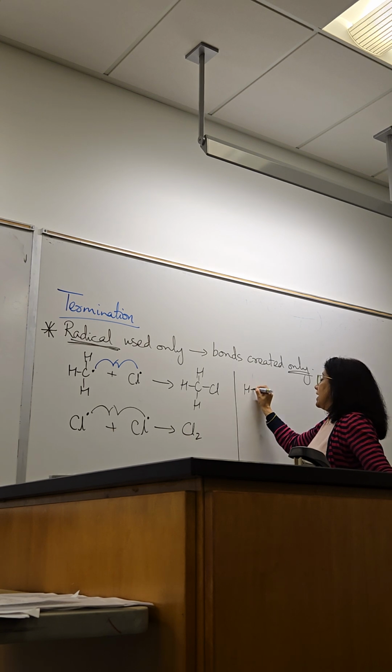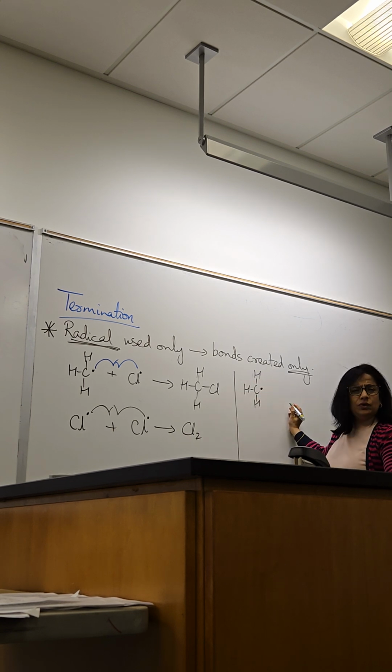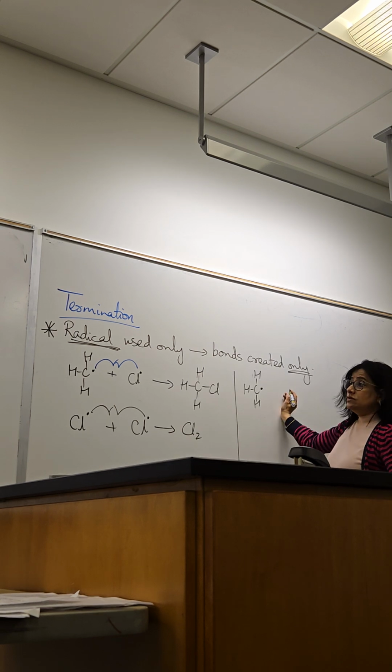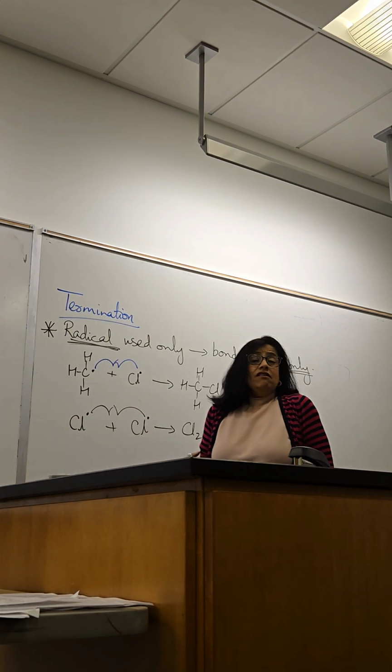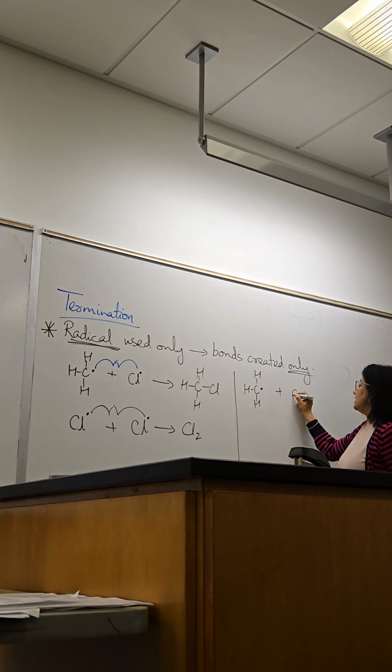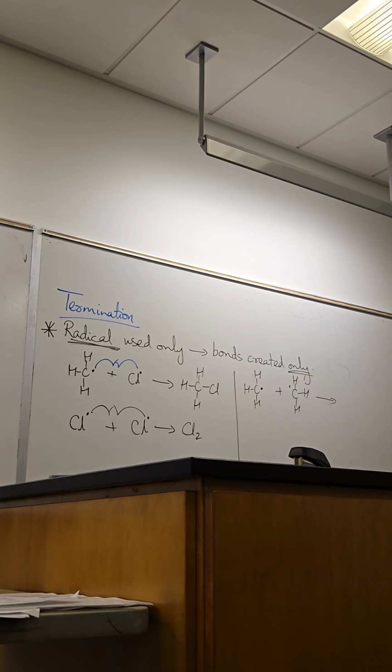Methane is not a radical. Can a CH3 radical react with what? HCl? But HCl is not a radical. With another of itself? Yes, why not? Can this come in contact with another one of itself? Yes. What would that create? Ethane.